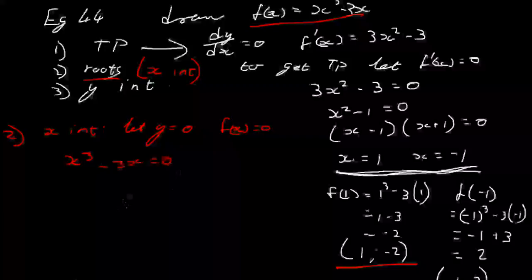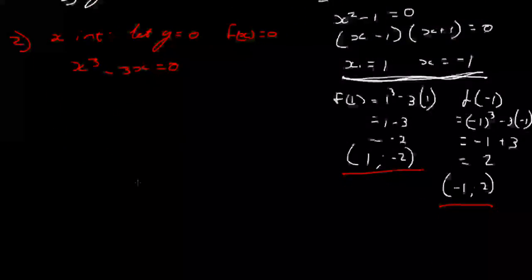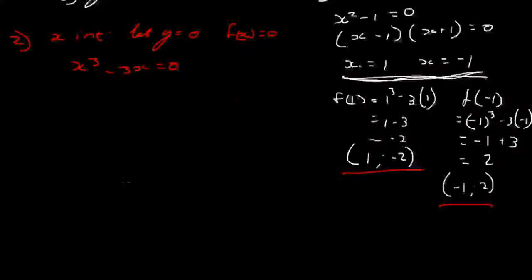Okay? And now we have x cubed minus 3x equals 0. So now we have to factorize this equation to get our x points.